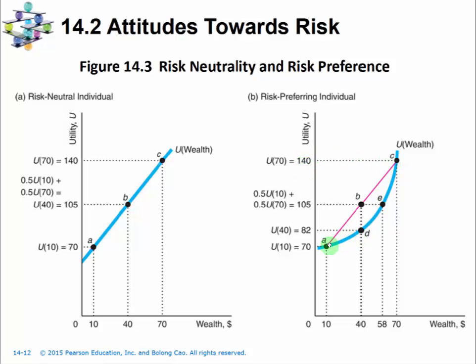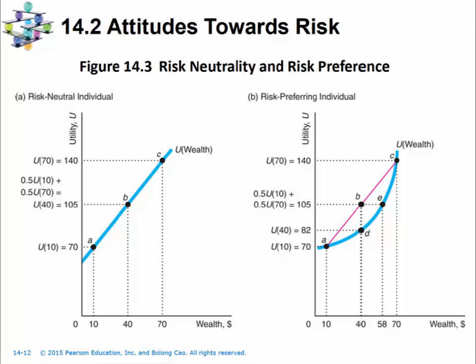So the expected utility will be 50% times 70 plus 50% times 140. We get an expected utility level of 105. This 105 utils is higher than 82 utils. So this risk-loving decision maker will definitely choose the risky event over the sure thing of $40.